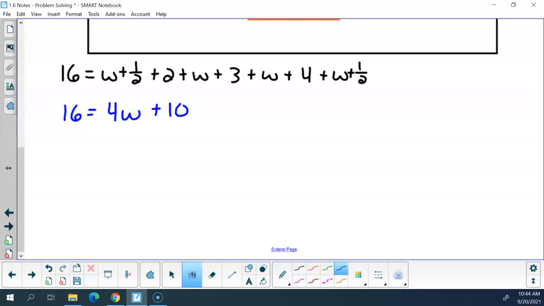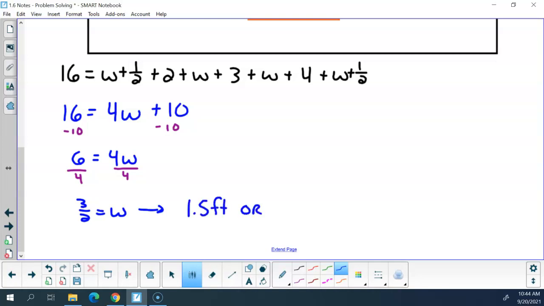Subtract 10. Divide by 4. So that means that gap is 1.5 feet, correct? Or 18 inches.